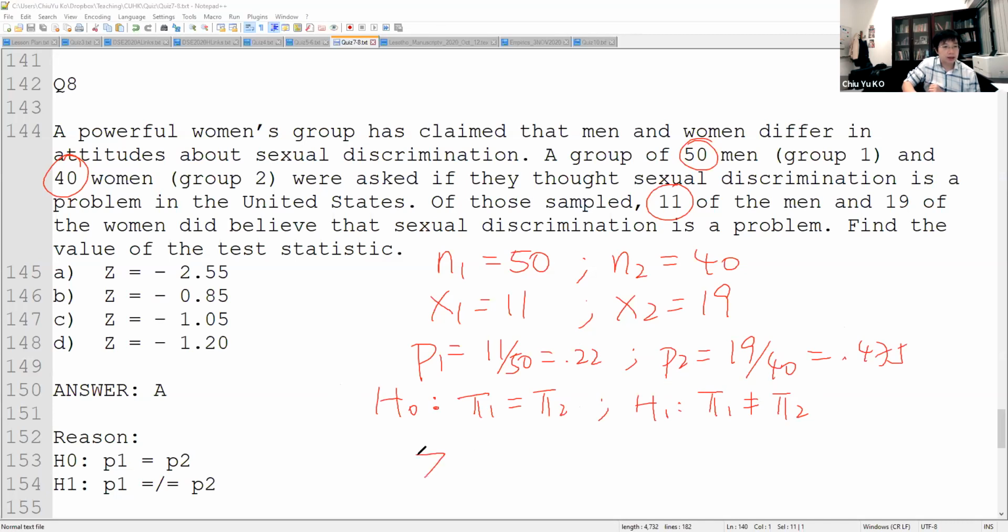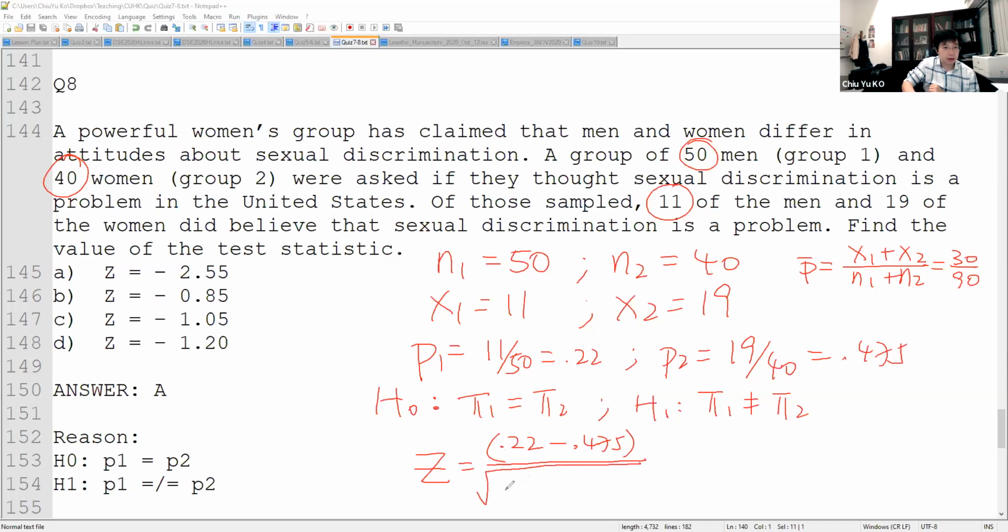And the z, because this is a proportion, is 0.22 minus 0.475. And you need to use the pooled proportion, which is x1 plus x2 over n1 plus n2, that is 30 over 90, so it's 0.333.